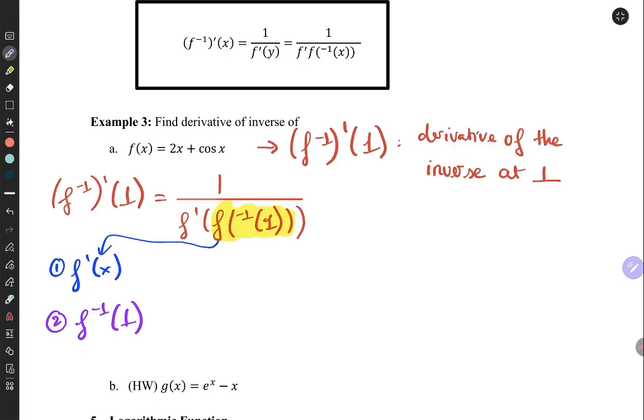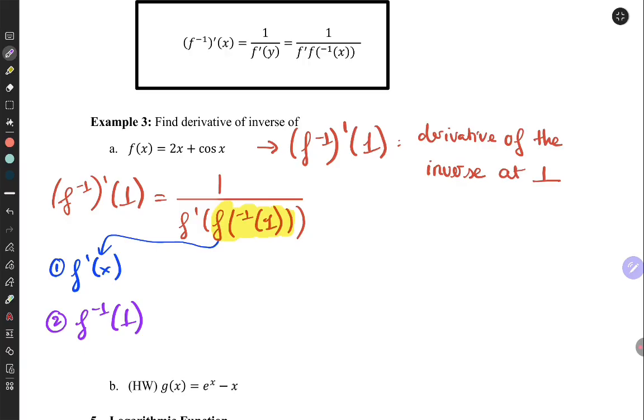What do you think the outcome of this one right here, this purple, will be? Is it a variable, something with x, or is it a number? If you do the math at the end, does it equal a number or something with x? A number, right? Because of the 1 right there, you plug in 1 and you get a number, and then you plug that number in at that x.